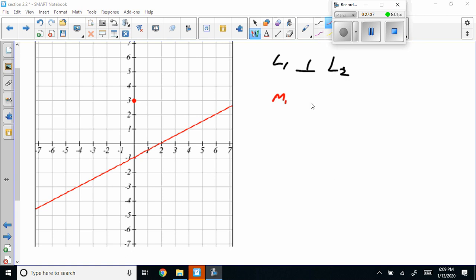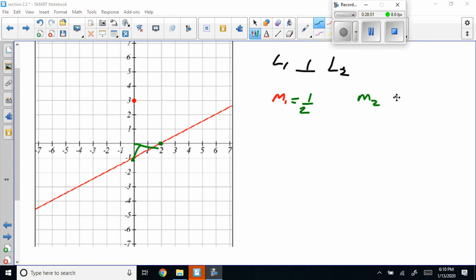Okay, so let's find the slope of this one. So I'm here, let's see there. So I'm going up 1 and over how many? So the slope for line 1 is up 1 and over 2. It's a positive slope, right? Yes? So the slope for line 2, if it's perpendicular, well, first off, I know it better be what? Thank you.